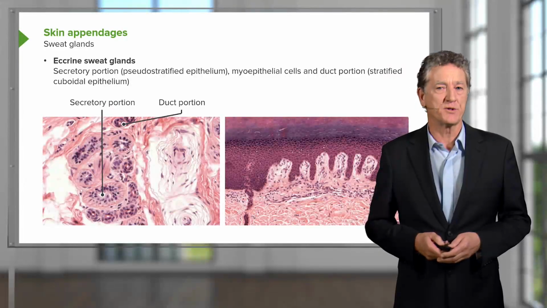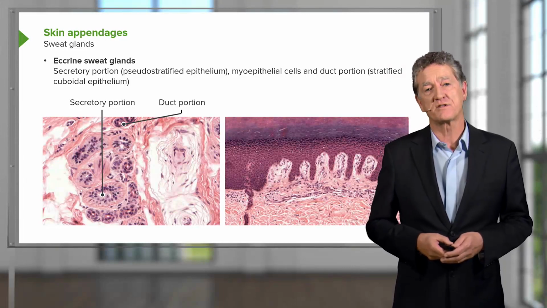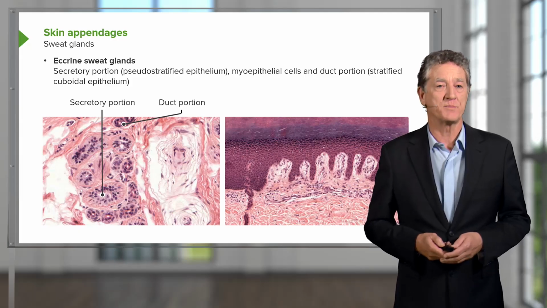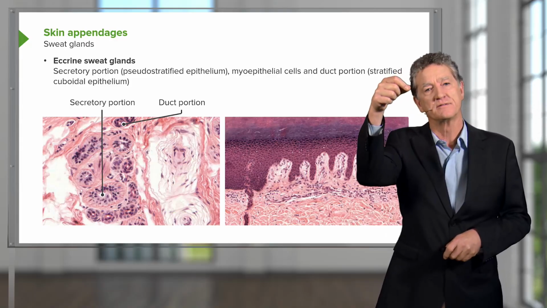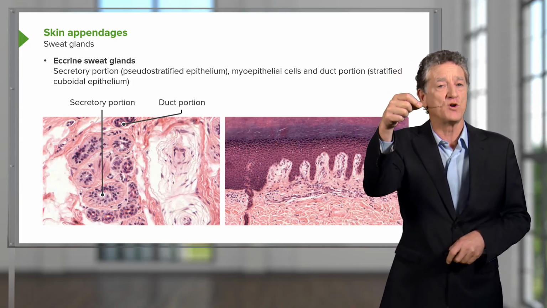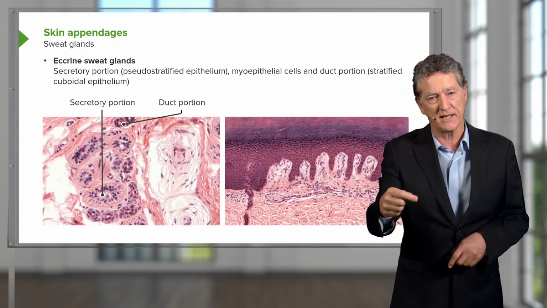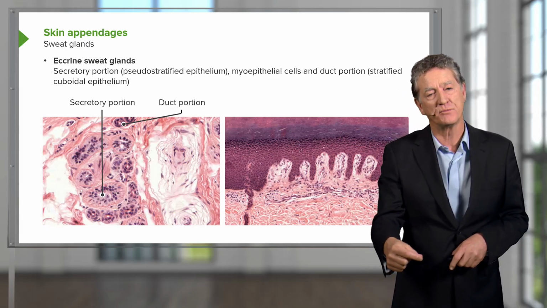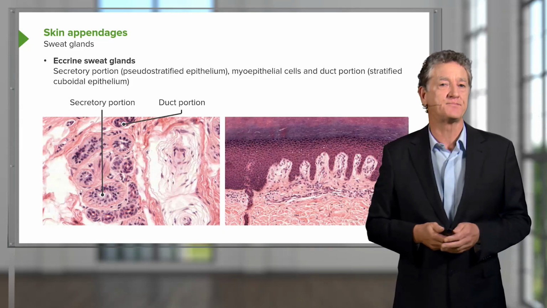Now, the best way to imagine what a sweat gland looks like, I think, is to think of a cooked piece of spaghetti. Next time you go home and cook spaghetti, get a piece of the spaghetti and hold it up in your hand and stand next to the edge of your kitchen bench, and lower that piece of spaghetti until it comes in contact with the bench, and then keep lowering it some more. What happens is that the spaghetti will start to coil up.